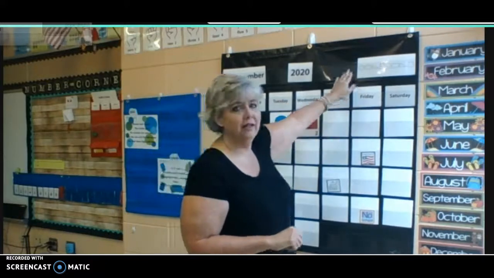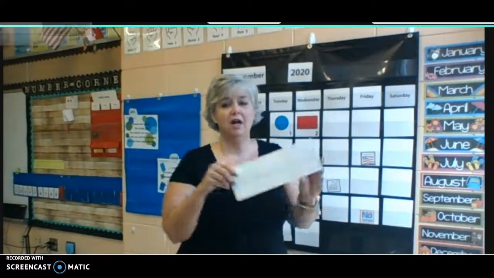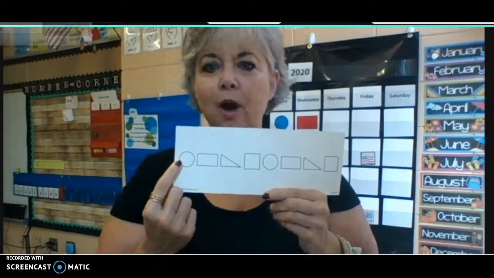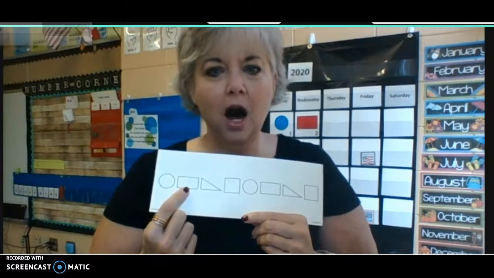Now, if we look on our calendar, we have a pattern strip. It's going to start over here. And we have, you're right, circle. And then, just like today, a rectangle. And what's the name of this shape? Triangle. And then a square. And then another circle, rectangle, triangle, and square.